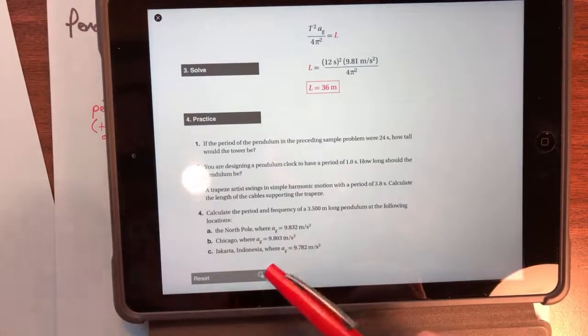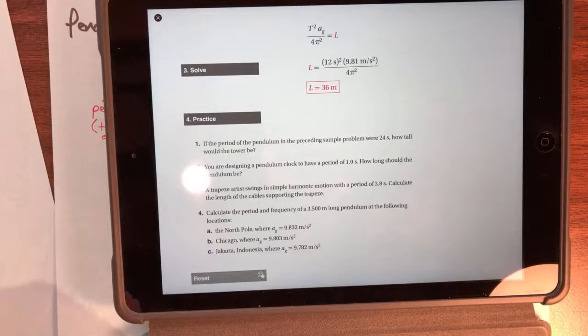For number 4, oh, question. Can I round number 2 to 0.249 meters? Yes, you can. That would be perfectly fine. In fact, it would probably be better to round it.